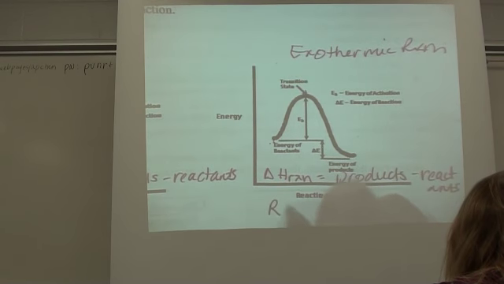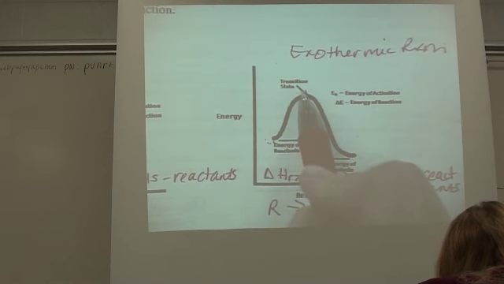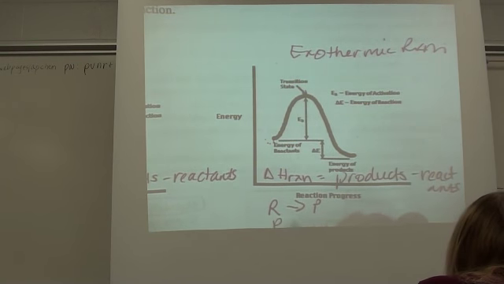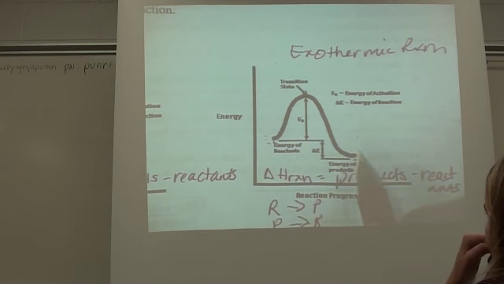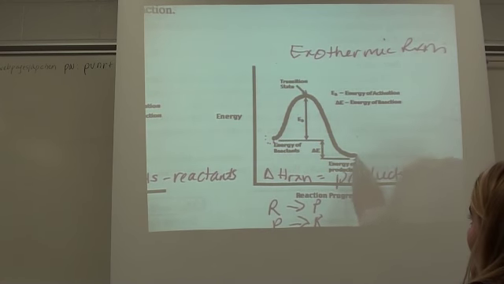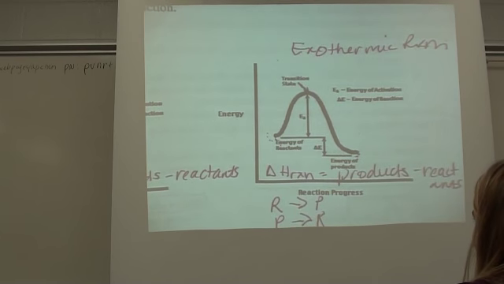So if we look at it this way, we see that this is the activation energy. Let's say we would like to see the reverse reaction occur from here to here. The activation energy would be, this time, from the product to the transition state, from here to here. Get that?